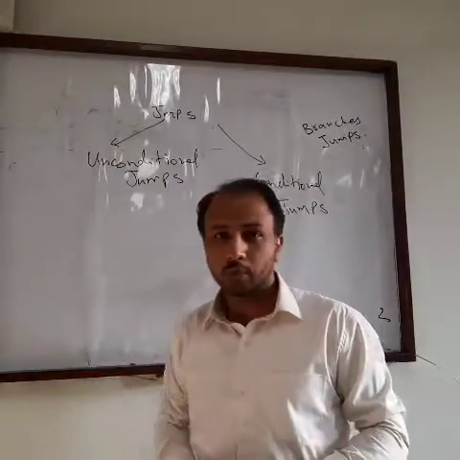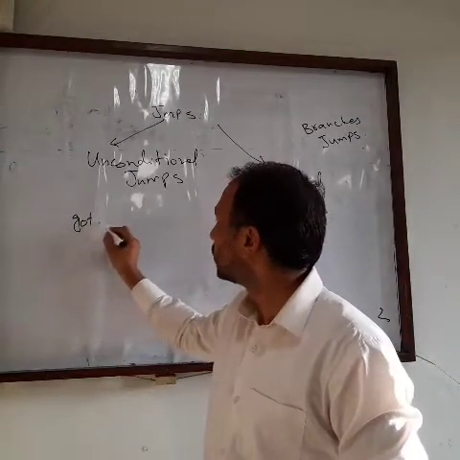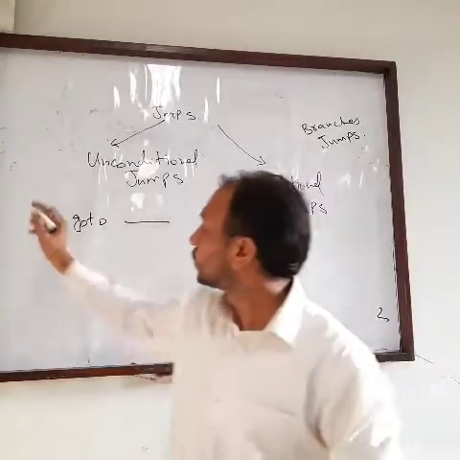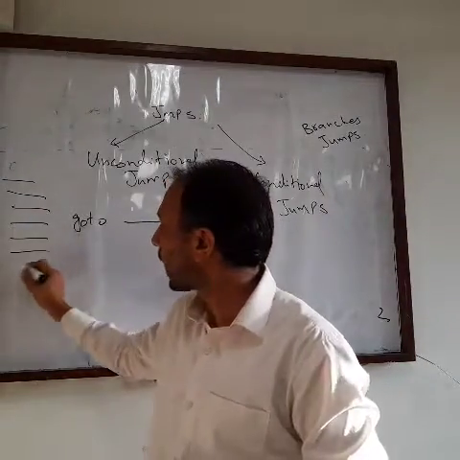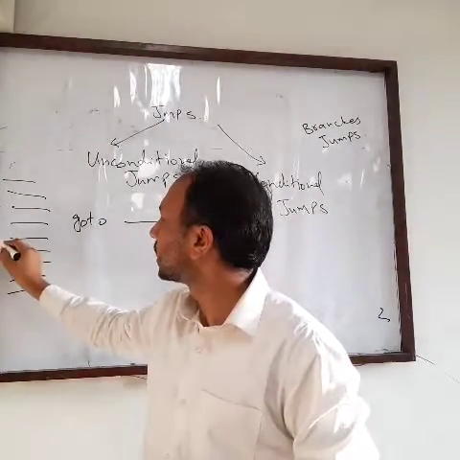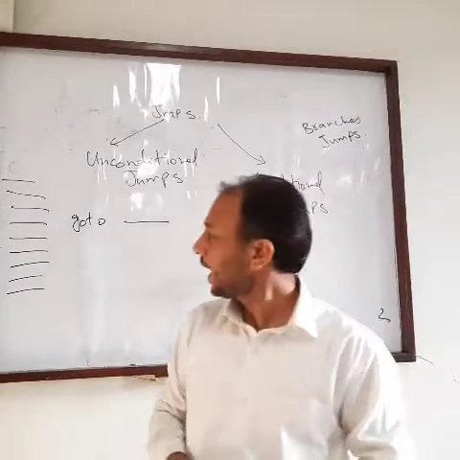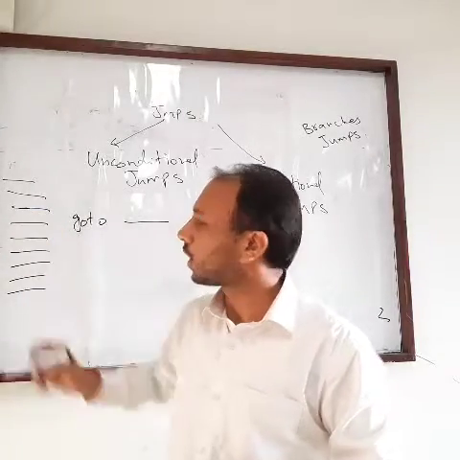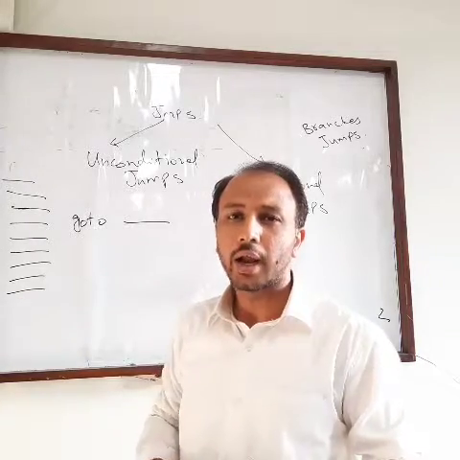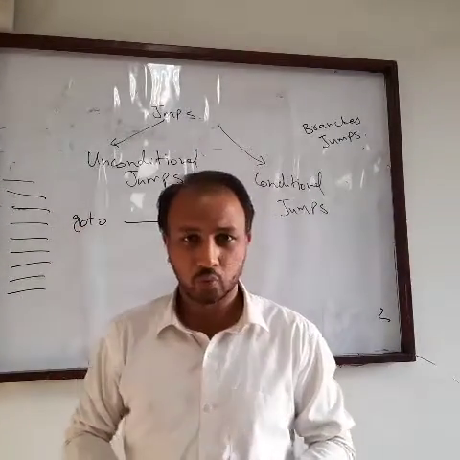When you say in your C programming or some other programming, go to some instruction, it means you have a program with multiple instructions. For example, instructions 0, 1, 2, 3, 4, 5, 6, 7, 8, and at instruction 2 you want to go to instruction 8 without any condition. What will you use? You can use goto.